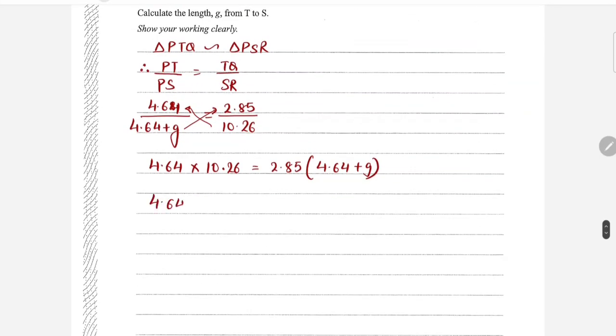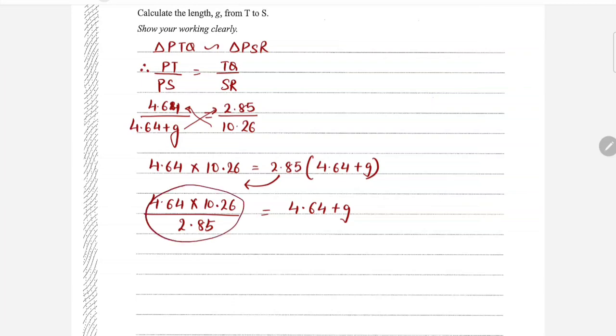So 4.64 times 10.26, you can put that into the calculator. This number will come this side, 2.85. Divide by that, 4.64 plus G. Put that into the calculator and that will give you something. This number will come here, so that will be whatever that value is minus that number.